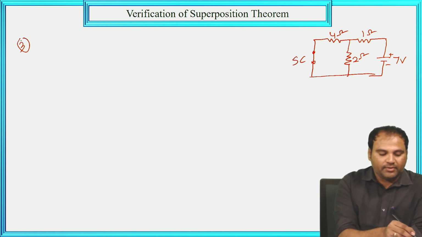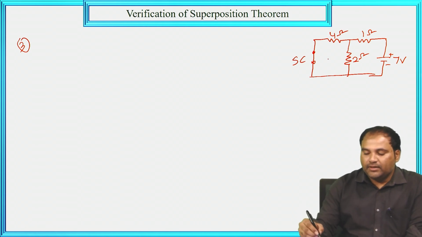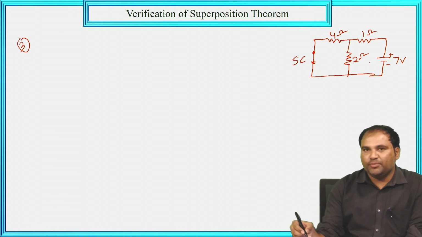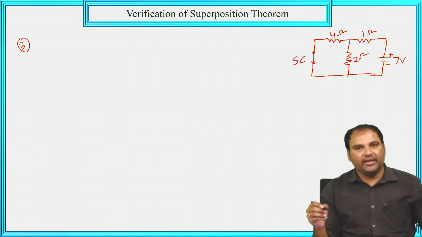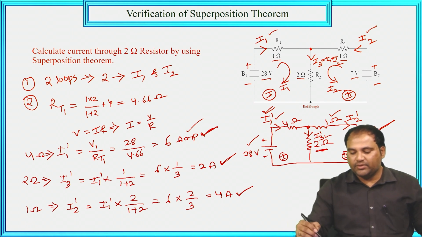Here we are taking the first loop current as I1 and the second loop current as I2. In the previous case, we took I1 at R1, I2 at 1 ohm, I3 at 2 ohm.